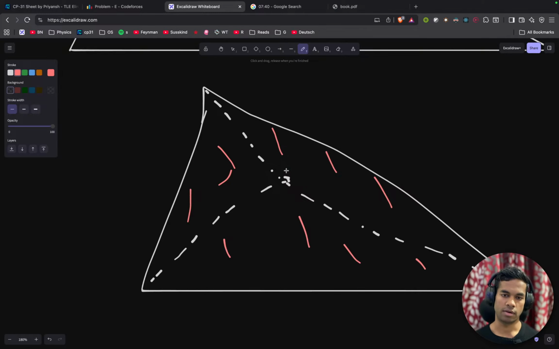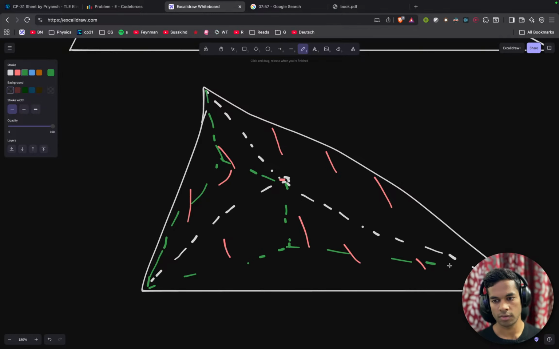If you go with this, we will have some point and 3 different choices. For this one also, three different choices. For this one also, three different choices.